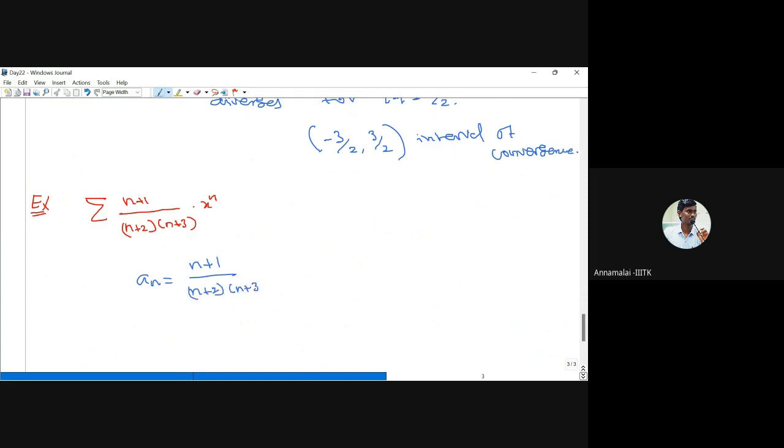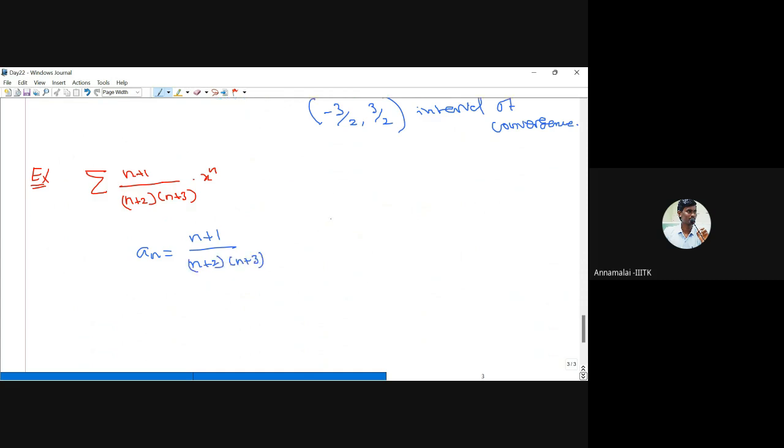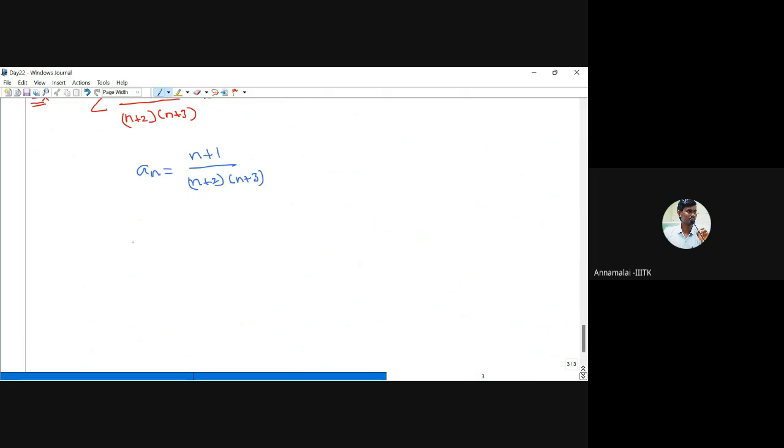Since all the an are non-zero, therefore we can find what is an plus 1 by an and then take the limit. So this is nothing but n plus 2 by n plus 3 into n plus 4, that is an plus 1 into an.